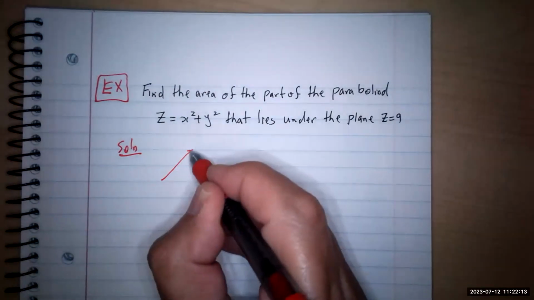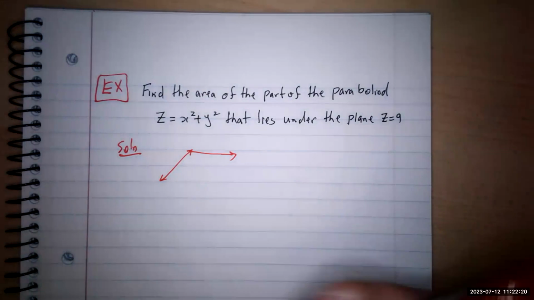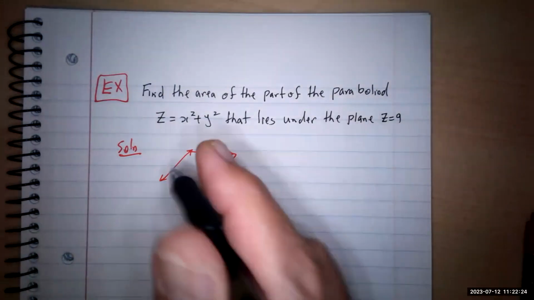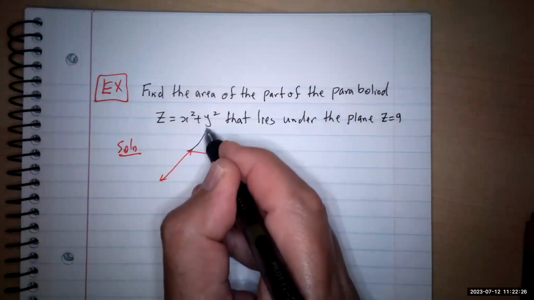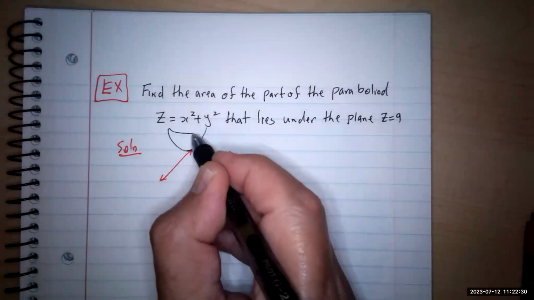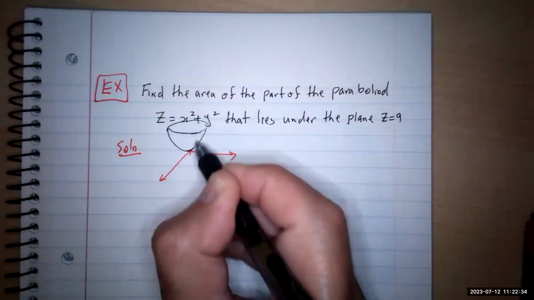This is what would happen, really. It's a kind of paraboloid, so it's going to be a parabola, and the cross section is going to be a kind of circle. Okay, this is it.